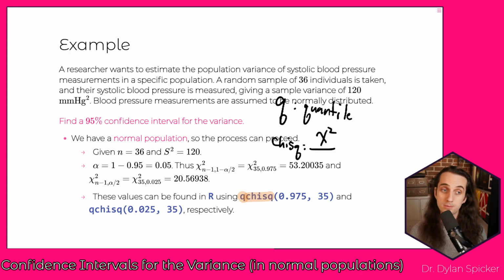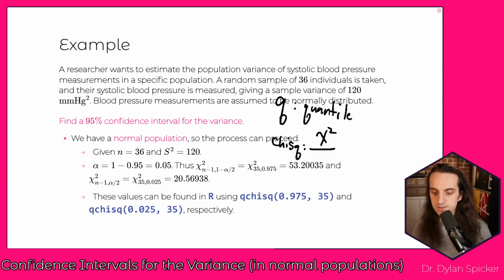Again, we provide two parameters for it. The first parameter is going to be the probability, and then the second parameter is the number of degrees of freedom, which in our case is 35. So 0.975, 35 is going to give us this 53 and change, and 0.025, 35 is going to give us this 20.56 and change.